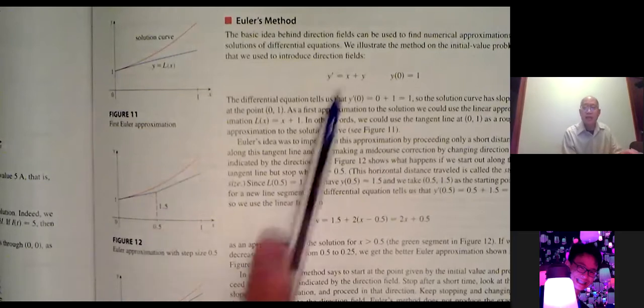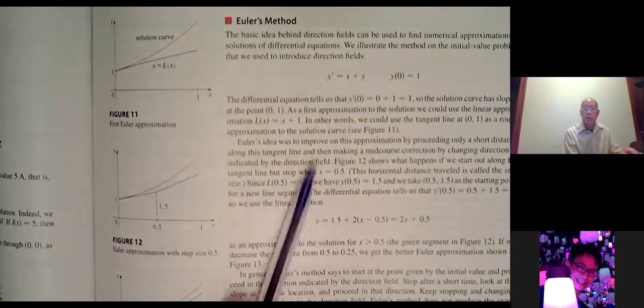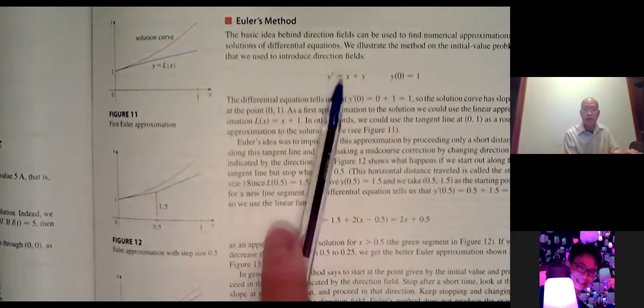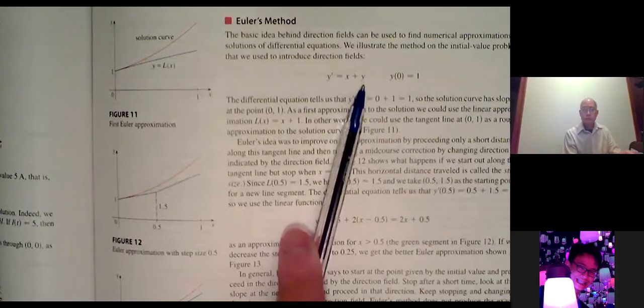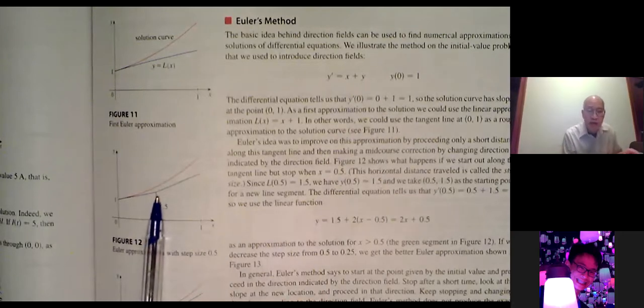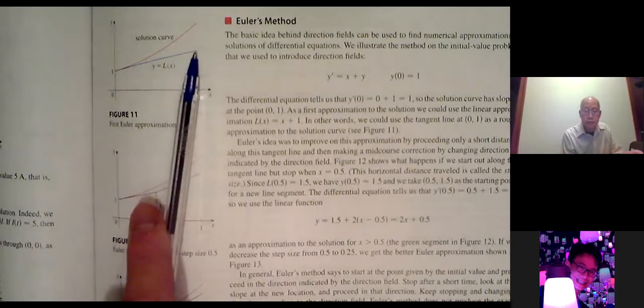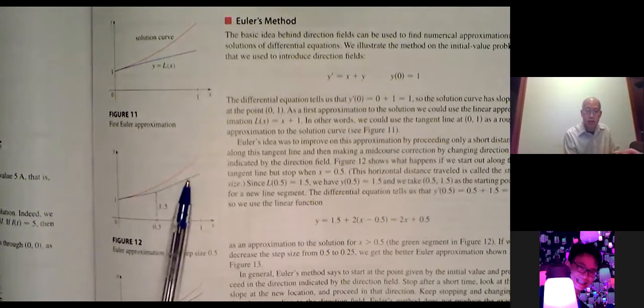And then I plug into the differential equation again. So I plug in (0.5, 1.5). So 0.5 plus 1.5 is 2. So starting from here, I have a new slope of 2. Now this was 1 all the way. This one, halfway, I decided to switch over to a slope of 2.